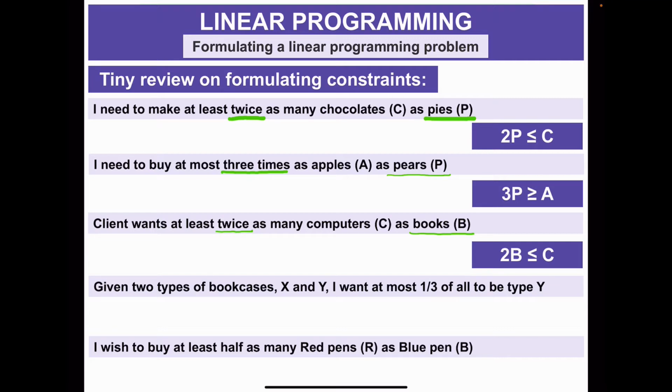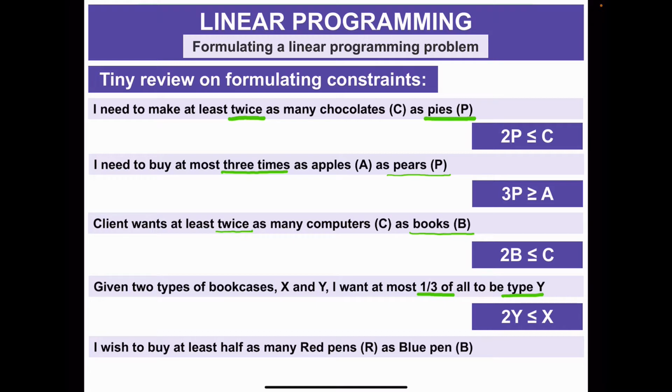So the next one, you have 2 types of bookcases, X and Y, and you want at most 1/3 to be type Y. So suddenly my pattern breaks because I can't follow what I said before, but if you translate this sentence into inequality and you simplify, you should be able to get 2y is less or equal to x.